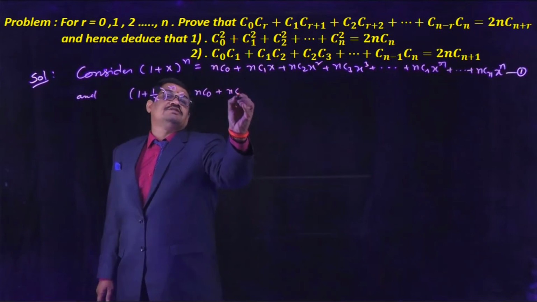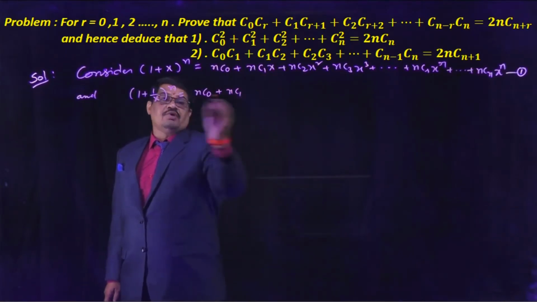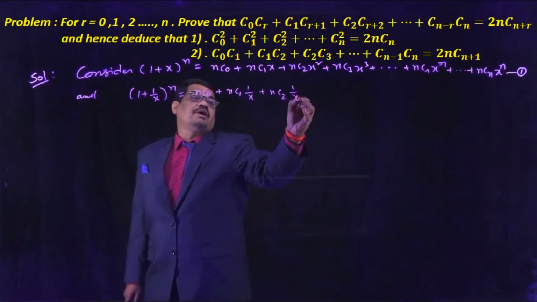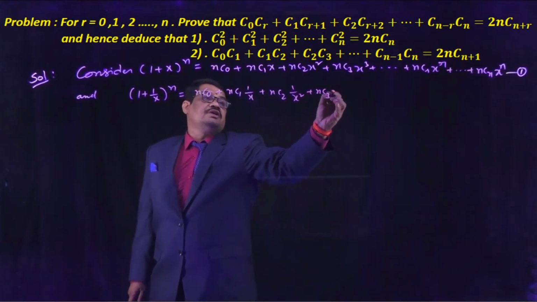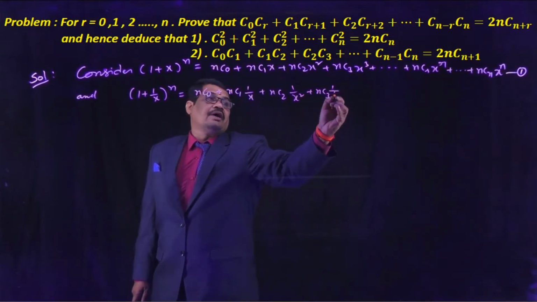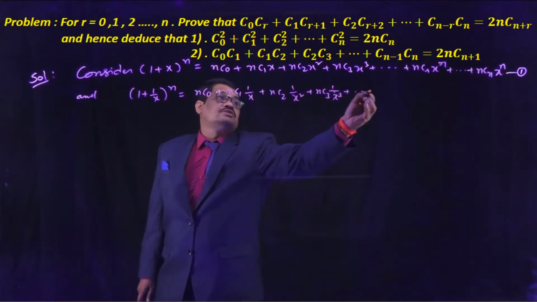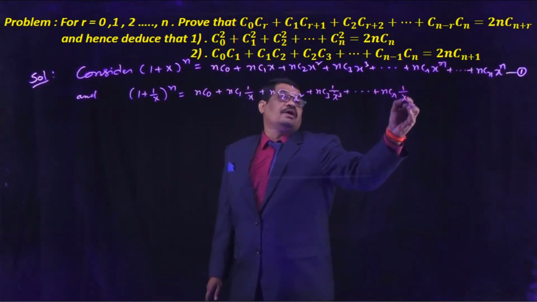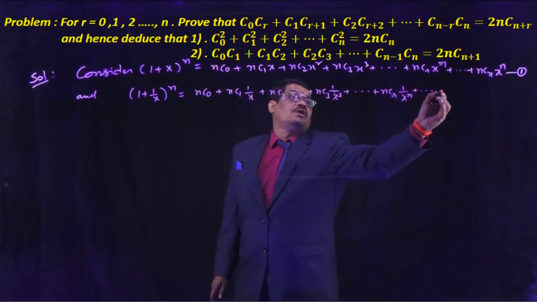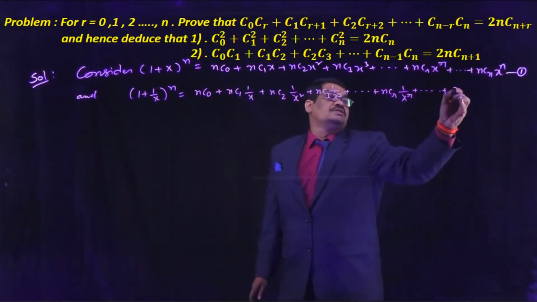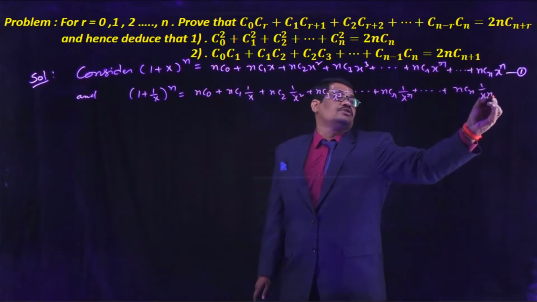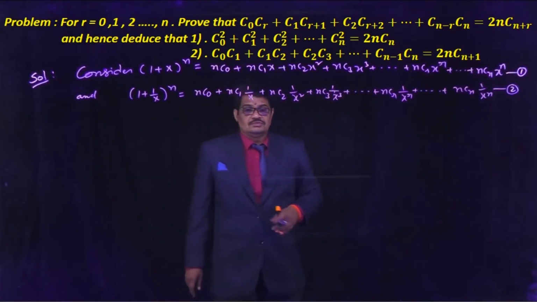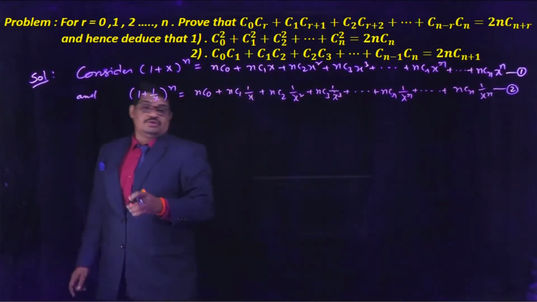That is nC0 + nC1 (1/x) + nC2 (1/x²) + nC3 (1/x³) and so on + nCr (1/x^r) + so on + nCn (1/x^n). That is equation 2.